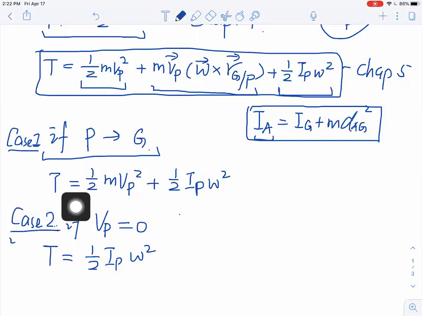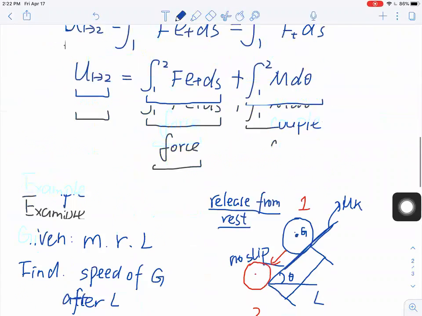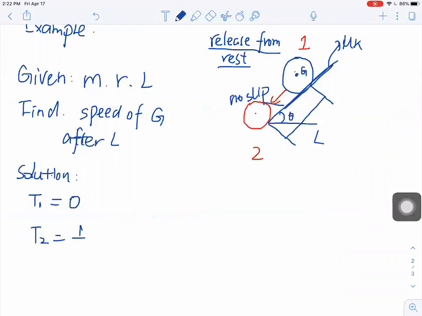So T_2 at position 2 is going to have both the first term and second term. Here we have 1/2 m v_G2 squared plus 1/2 I_G omega_2 squared. Now we're done with the kinetic energy, T_1 and T_2.